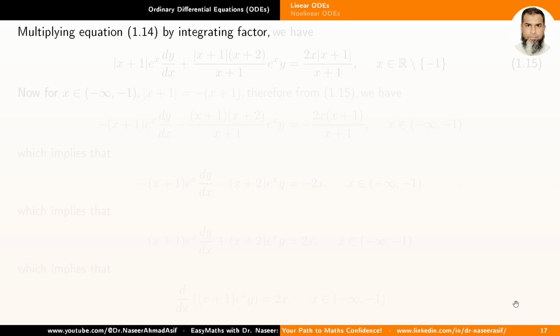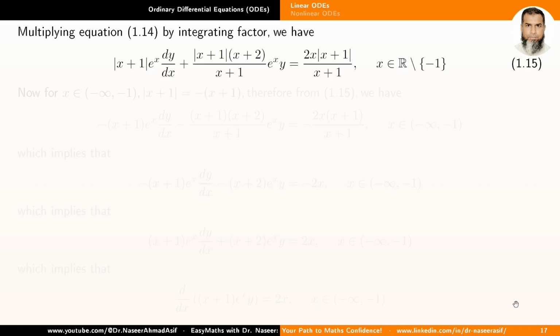Multiplying equation 1.14 by the integrating factor, we have |x+1| e^x dy/dx + |x+1| (x+2)/(x+1) e^x y = 2x |x+1|/(x+1), where x ≠ -1. Now for x in (-infinity, -1), |x+1| = -(x+1).